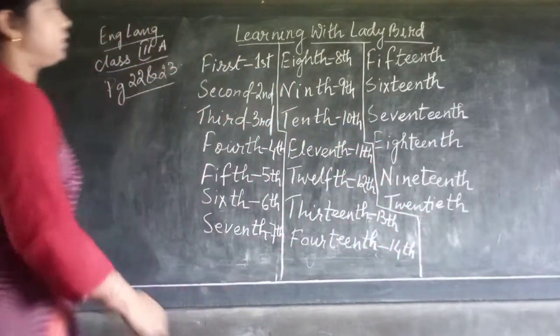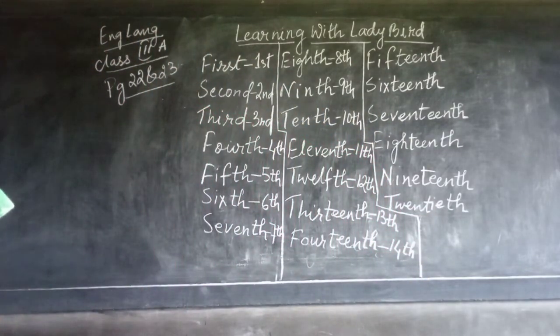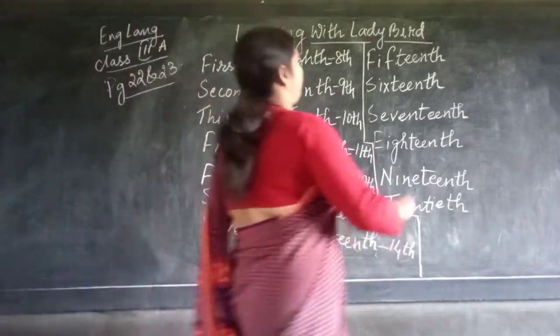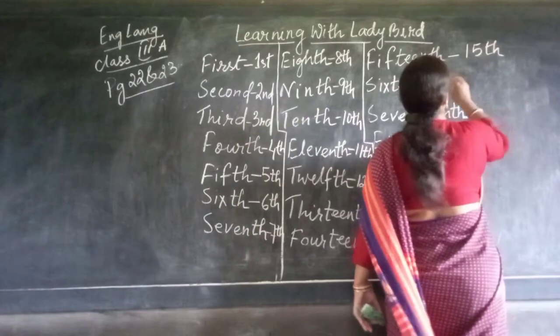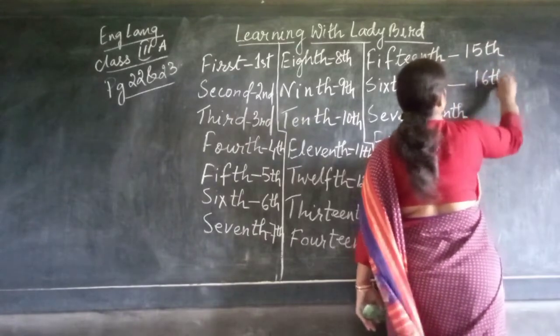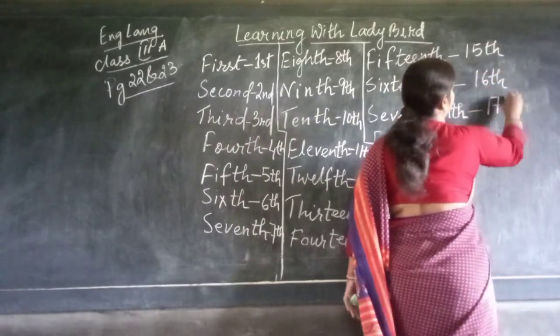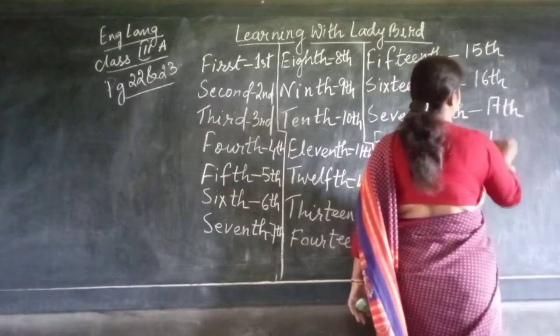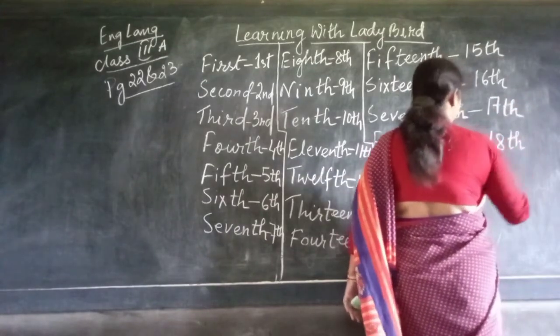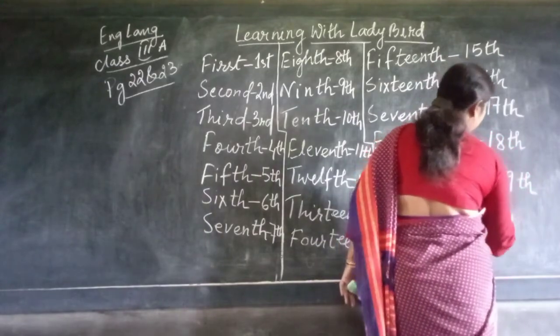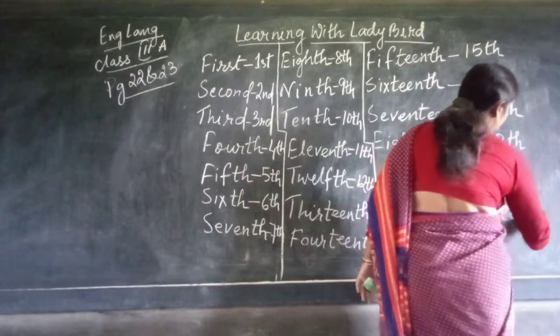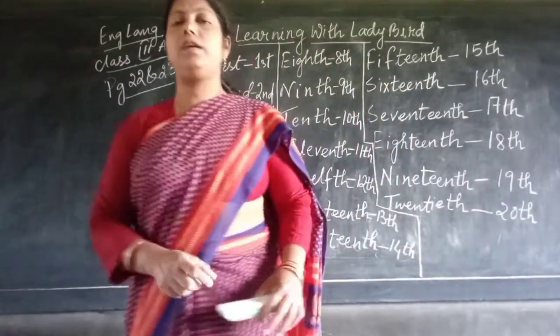You can understand in this way: 8, 9, 10, 11, 12, 13, 14, 15, 16, 17, 18, 19 and 20. See, in this way you can write clearly.